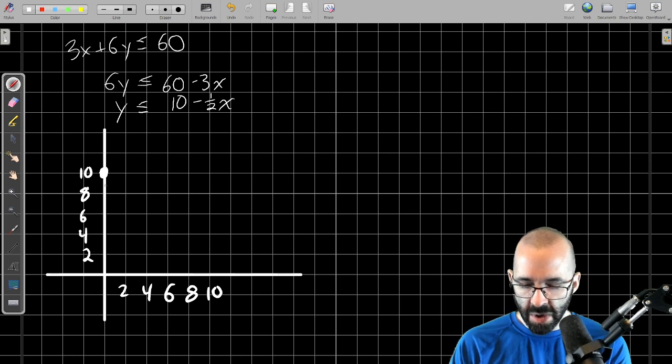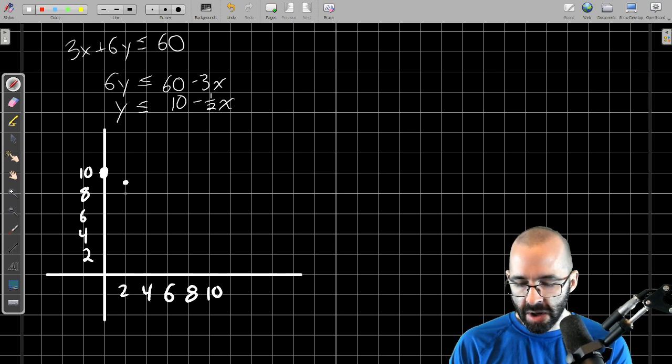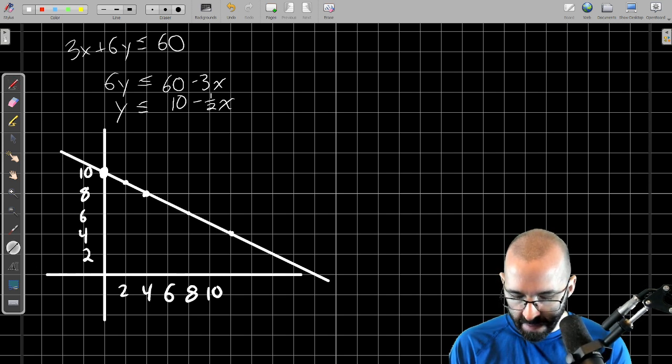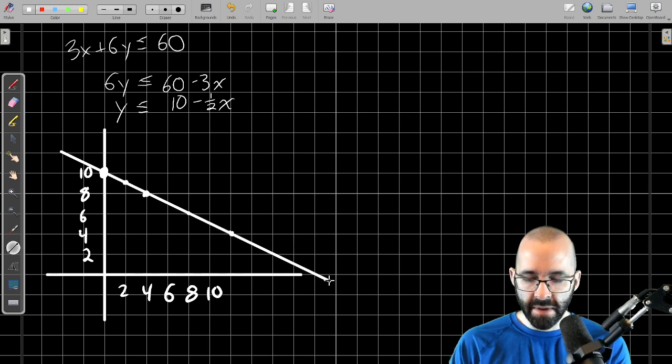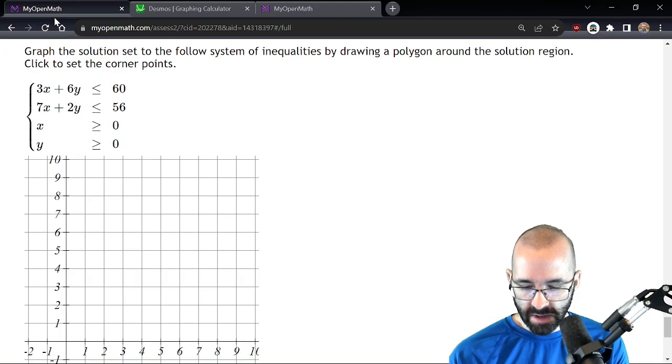So we can go down 1, right 2. Remember, down 1, right 2 is units, not necessarily boxes. Down 1 brings us to 8. Right 2 brings us to 4. And we can continue this pattern and draw this line. Like so.